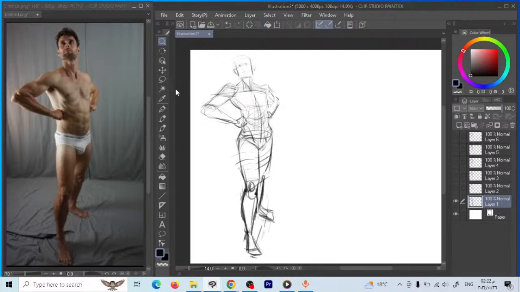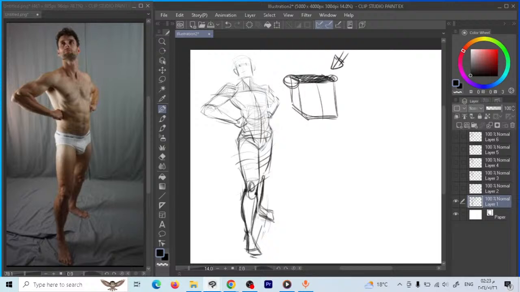So guys, let's see how we're going for that pose. First of all, in this pose we're kinda looking up at him. The rib cage, you're going to see this upper part of it, and this is the part which has the shoulders.